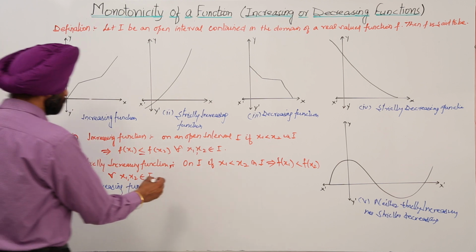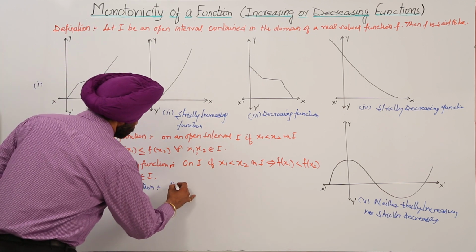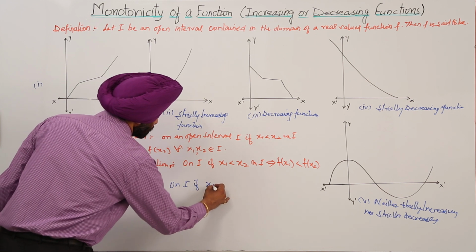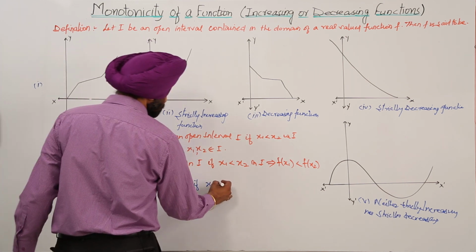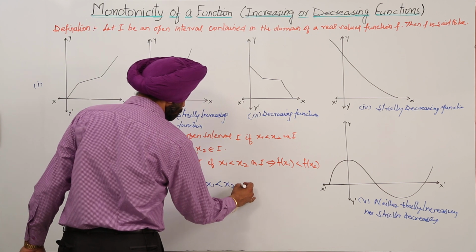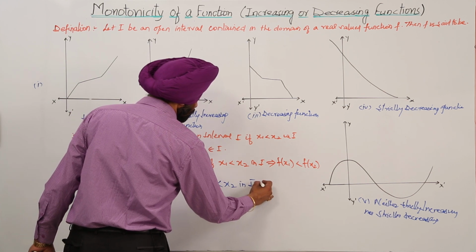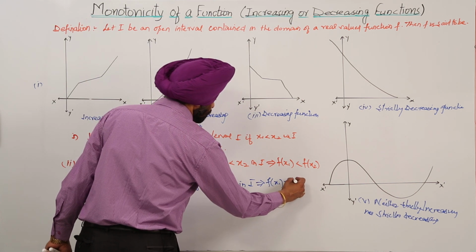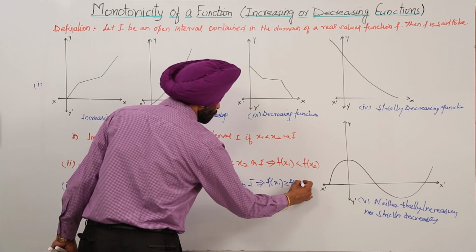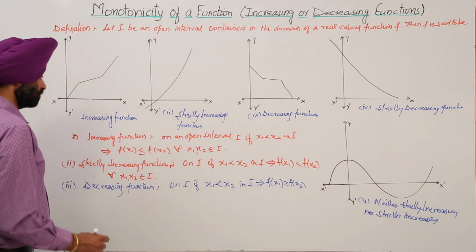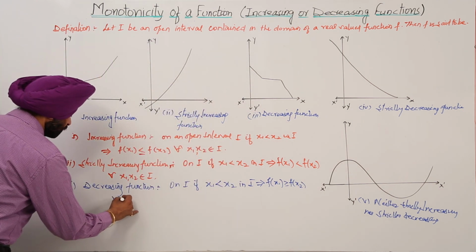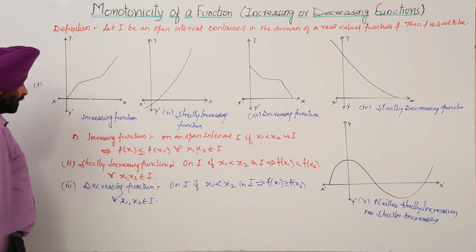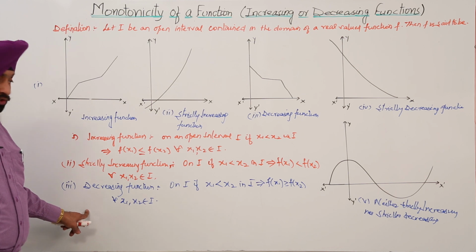Now for the decreasing function, on an open interval I, if x1 is less than x2 in I, and this implies f(x1) is greater than or equal to f(x2) for all values of x1, x2 belonging to I, then it is called decreasing function.